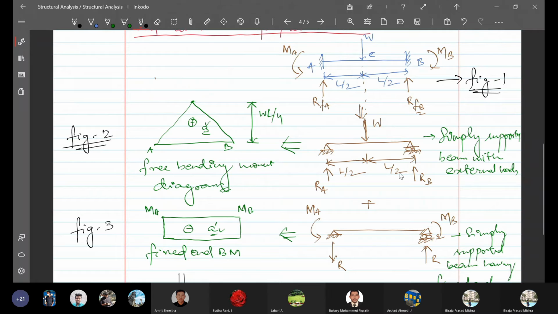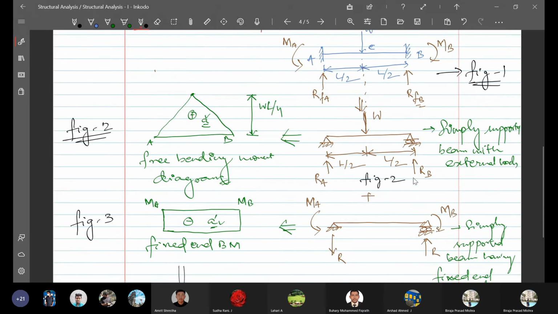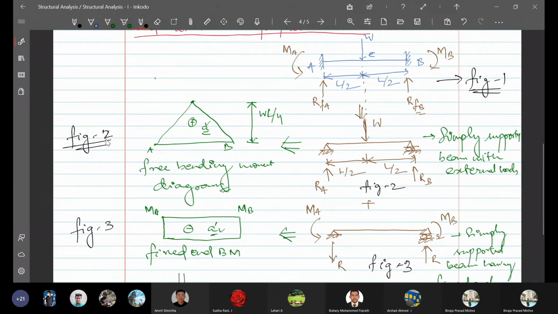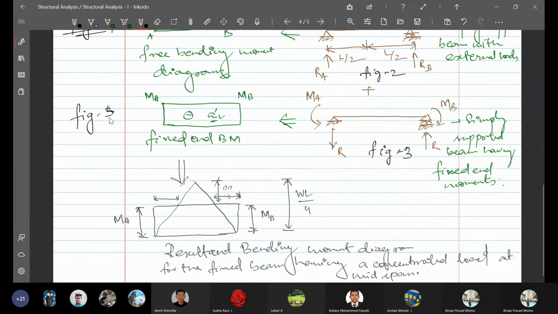Let us say this is figure 1, this is figure 2, this is figure 3, this is figure 4, this is figure 5, and this one is figure 6.